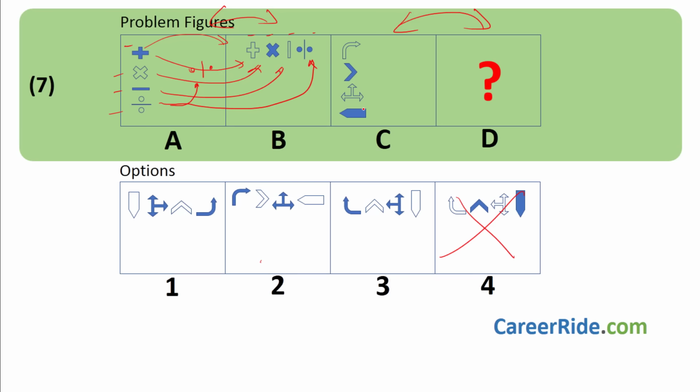Same way, over here if we observe all 3 of them, in all 3 of them what is happening is that everything has to be turned by 90 degrees, but this is same as this, this is same as this, so this is not turned, so this is not the answer. We have to check between this and this. Turn this by 90 degrees, what you will get? You will get over here like this, right? We have it over here, right?